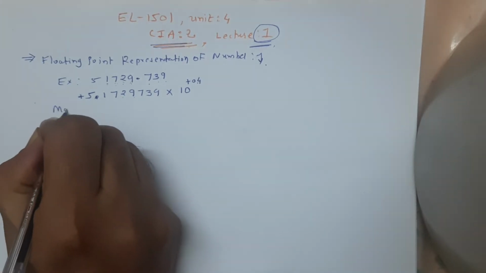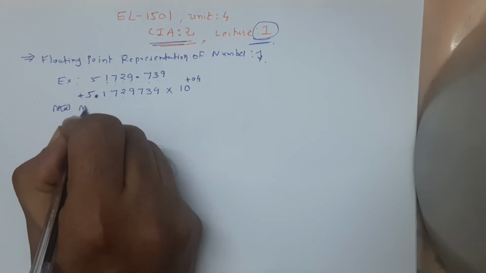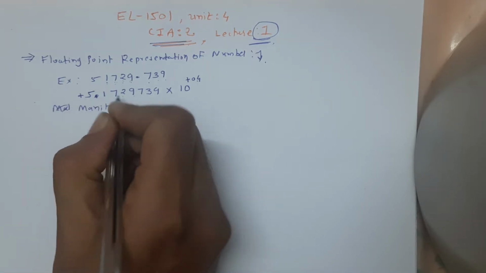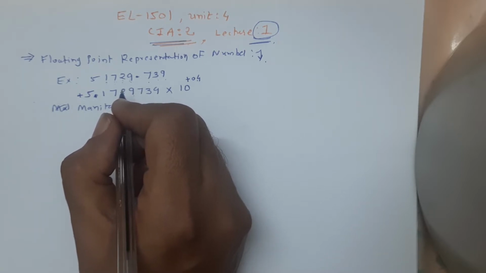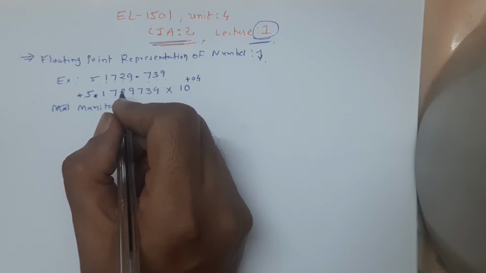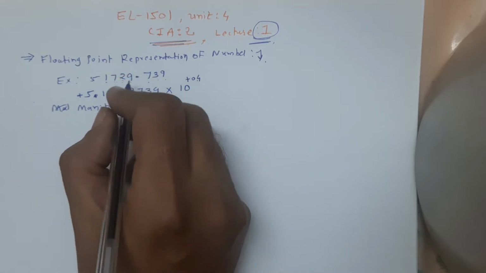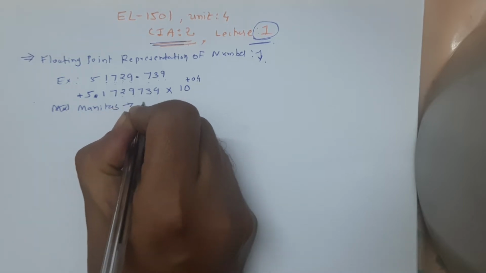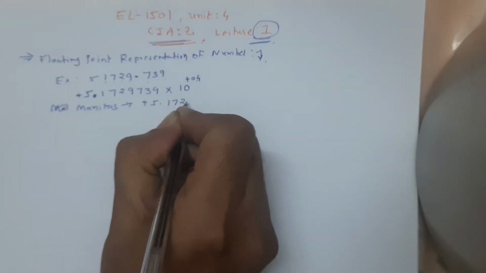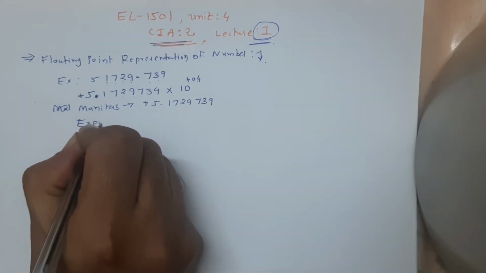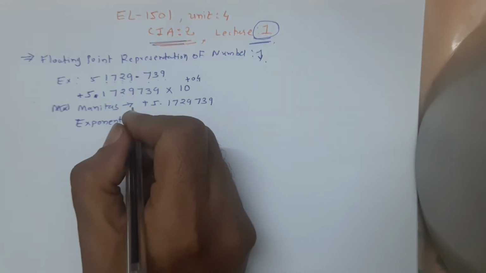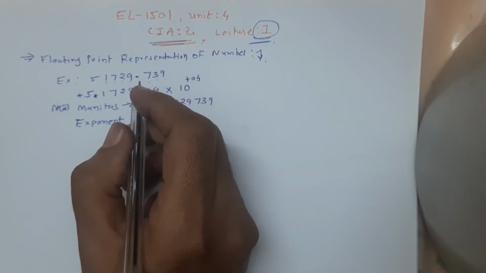Here the mantissa, which is the first part, represents a sign, fixed point number called the mantissa. This mantissa is equal to plus 5.1729739. And the exponent is the second part, which designates the position of the decimal point.